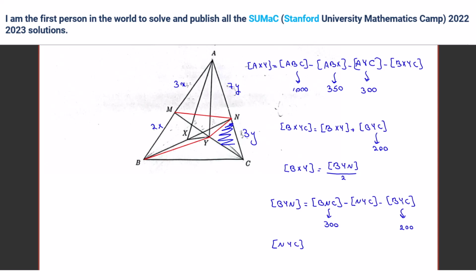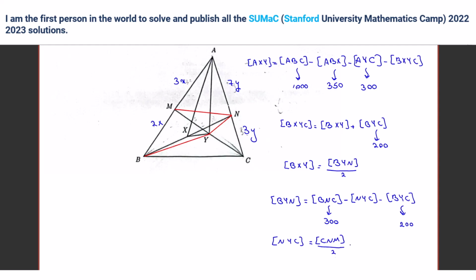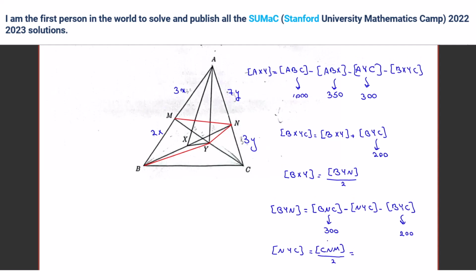So NYC is, what's the relationship between NYC and CNM? It's exactly half of CNM. So the area of CNM is what? CNM is 300.